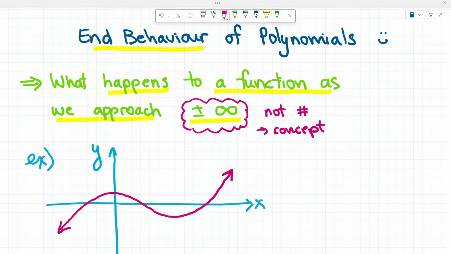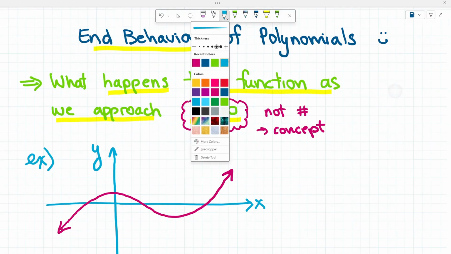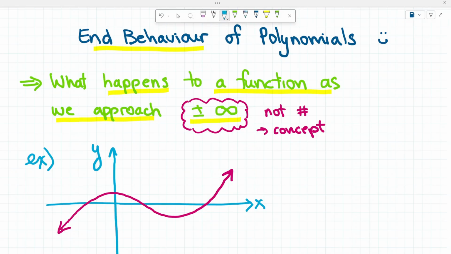So when we deal with infinity, this is one way we can write it. We're essentially asking ourselves, as x approaches infinity, what is y approaching? That's the main concept of end behavior. Looking here, we have our x and y axis, and when we go towards the right, what I'm drawing in the green arrow here is x approaching positive infinity.